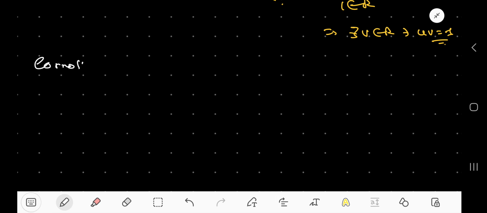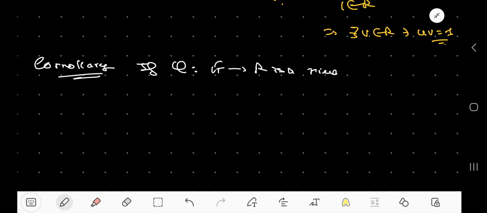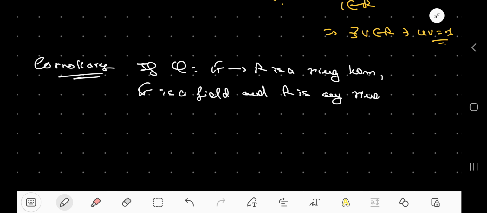Corollary: if phi from F to R is a non-zero ring homomorphism, where F is a field and R is any ring, then phi is injective.